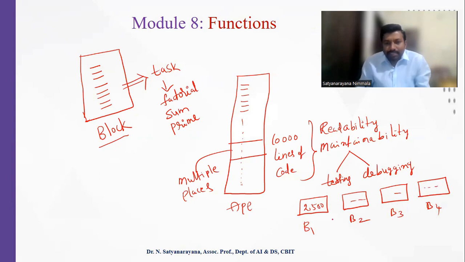Because of this, we are going to divide the code into different modules or different functions, and that itself will improve the readability of the code, and testing and debugging of each module, because each module, now consisting of a set of lines of code, becomes a little easier for the programmer.